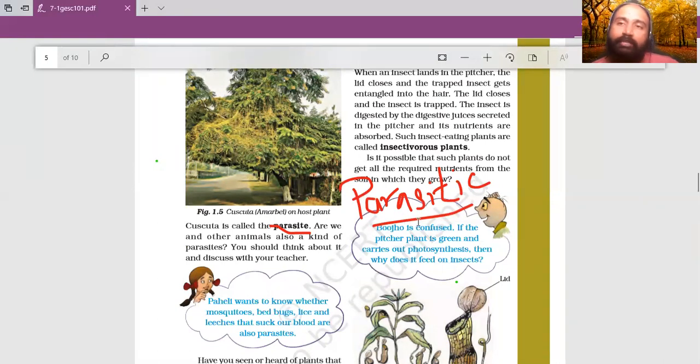Under the parasitic mode of nutrition, write down about Cuscuta, this particular plant. Cuscuta. Write down this. Okay, fine.